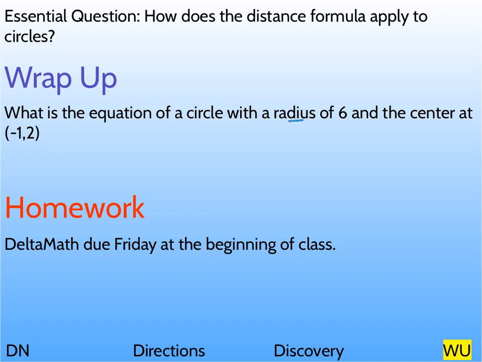With a radius of 6 and a center of (-1, 2), the equation of this circle is going to be (x + 1) squared plus (y - 2) squared equals 6 squared, or 36. So hopefully you can see how -1, +2 becomes +1, -2, and 6 goes to 36. Just think 6 squared. Remember, this is like a squared plus b squared equals c squared.